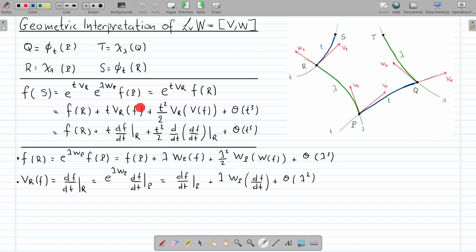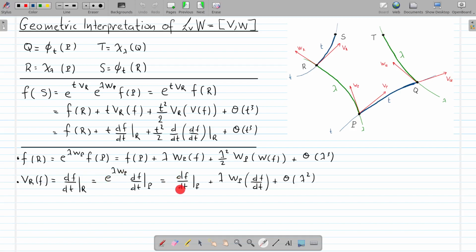The second term here can also be expanded. We know that this is the value of the function df/dt at the point R. So we have to take the derivative along this direction and evaluate it at the point R. So this is also a function in the neighborhood of R and can be obtained from the value of the derivative at the point P acted upon by this exponential operator.